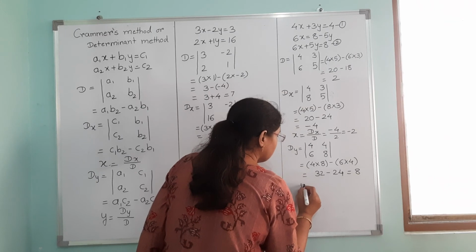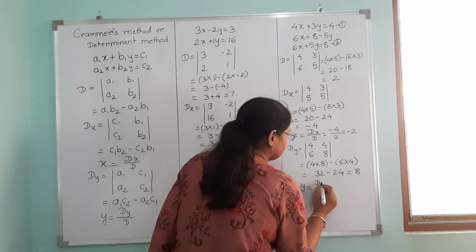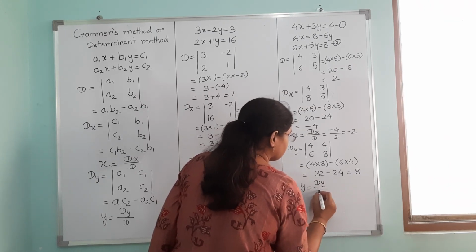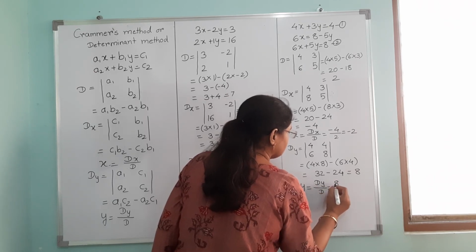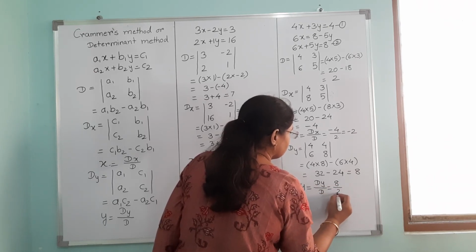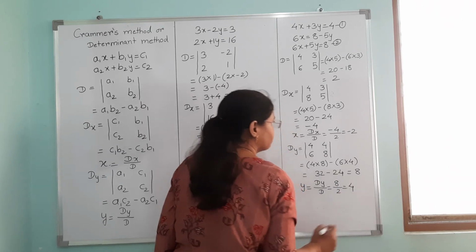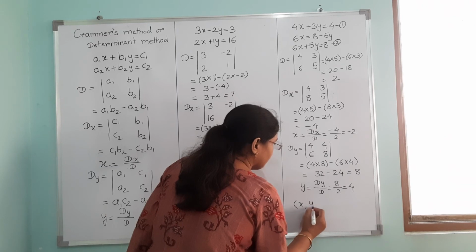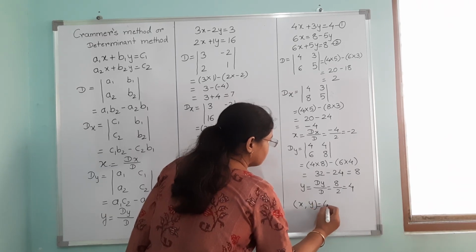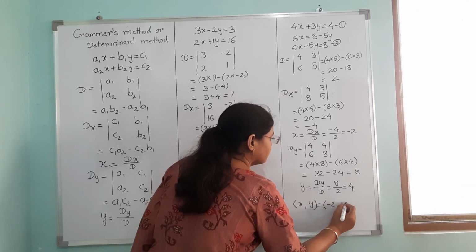So to find the value of y, we divide the determinant dy by d. The value of dy is 8, the value of d is 2, so the value of y comes to be 4. That means the values of x and y we get are minus 2 and 4 respectively.